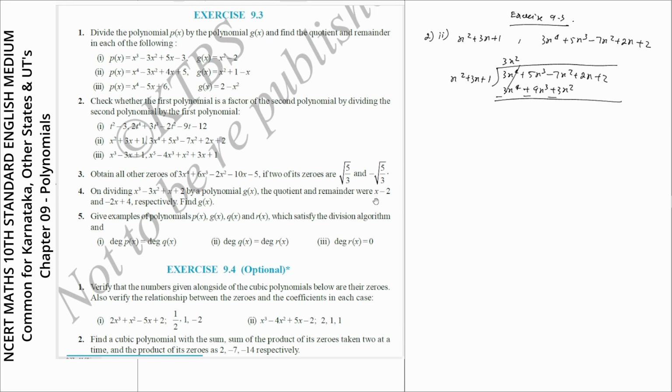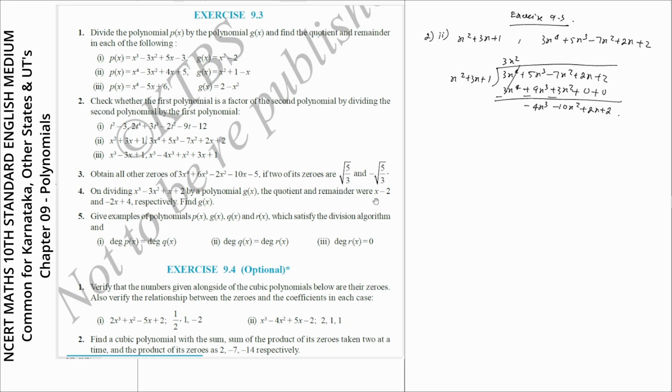Now change the sign. These two will get cancelled. Plus 5x cube minus 9x cube is, I'll get minus 4x cube, because 9 is greater than 5, that's why minus sign there. Now minus 7x square minus 3x square is minus 10x square. So 2x plus 2 as it is. I could have written 0 also there.